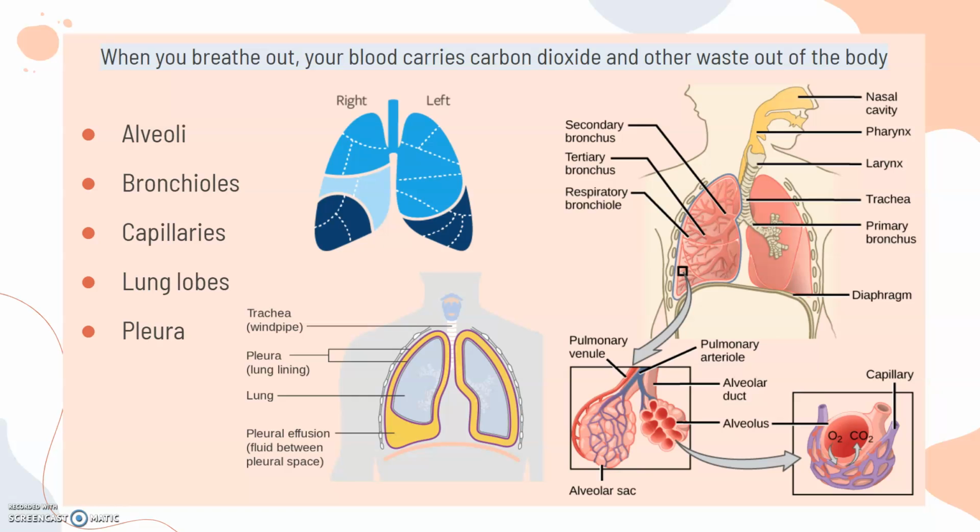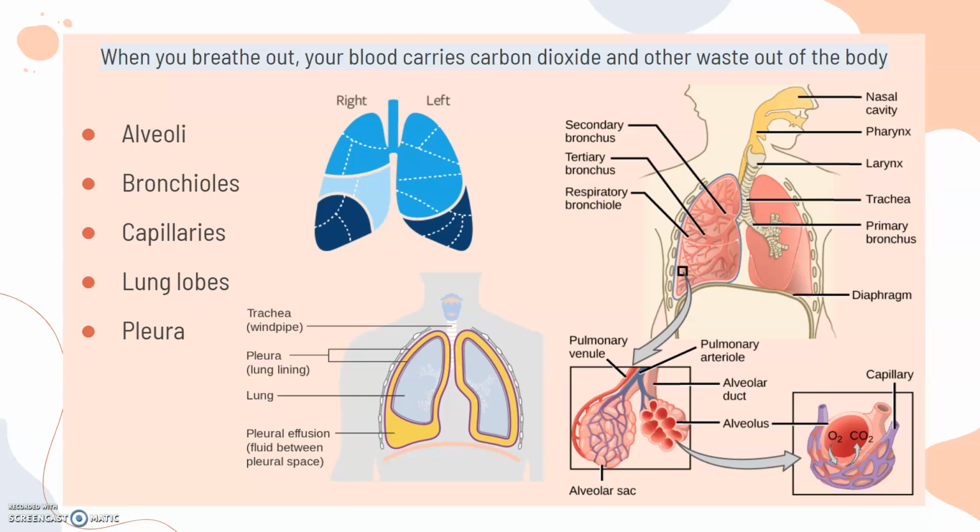There are also the bronchioles, which are small branches of the bronchial tubes that lead into the alveoli. There are also the capillaries, which are tiny blood vessels in the alveoli walls that move oxygen and carbon dioxide, such as in the image in the right corner below.